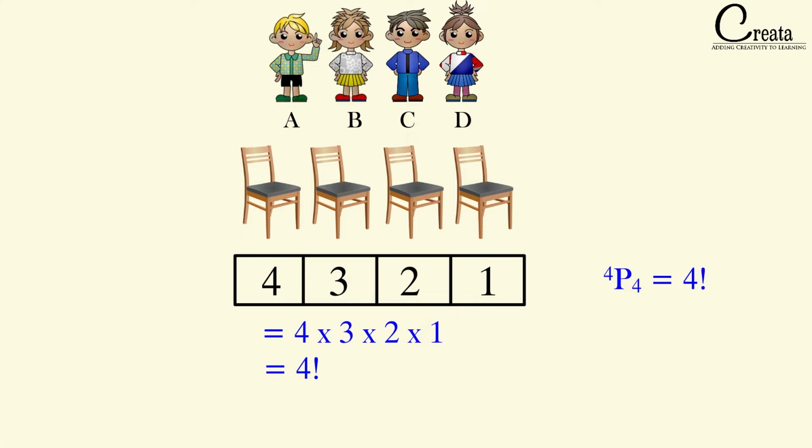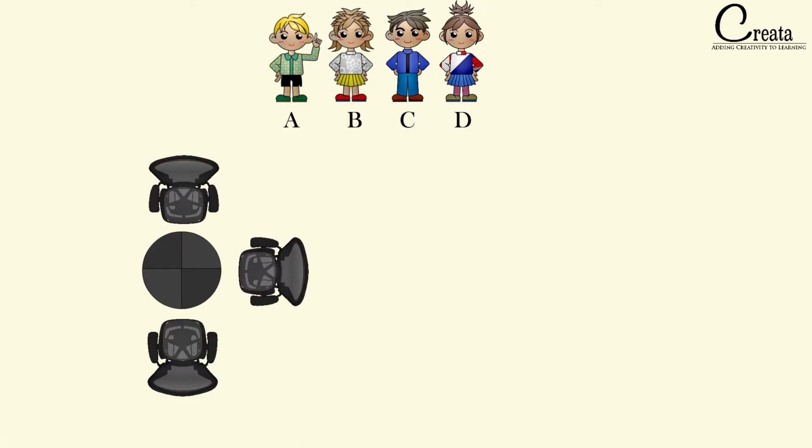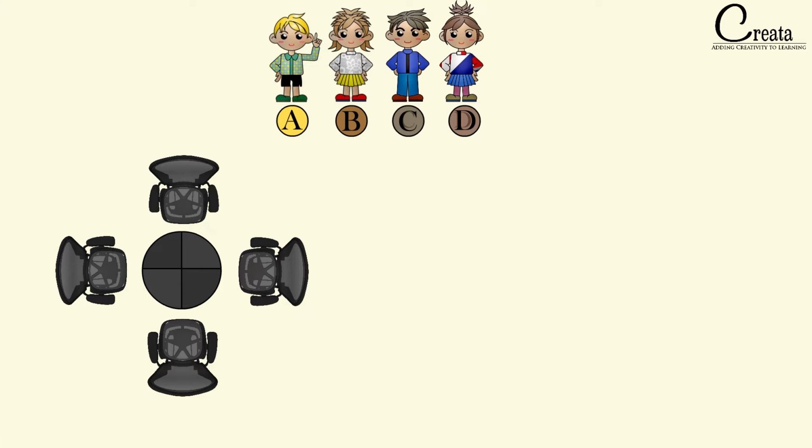Now we will slightly modify the question for circular permutation. Now these 4 chairs are arranged around a circular table. The question is, these 4 persons have to sit on these 4 chairs. In how many ways can these 4 persons sit in these 4 circular chairs?